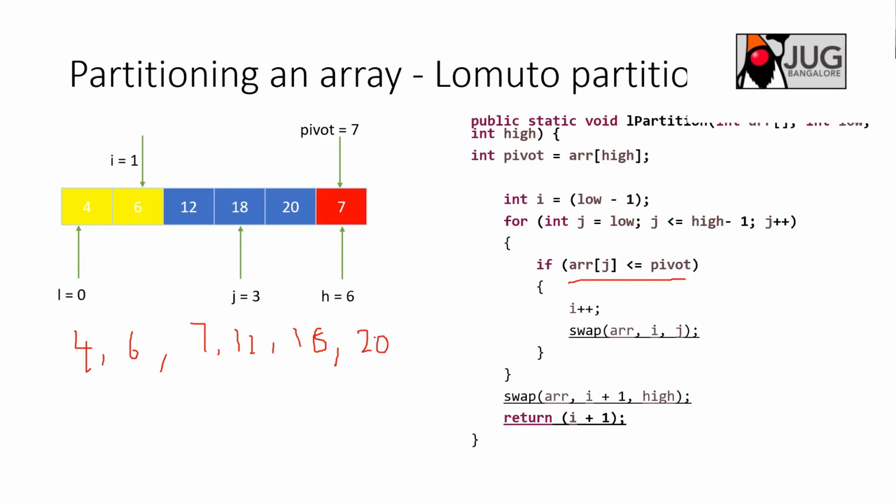If you see this, it is still in the natural order. 7 got its right place, 4 and 6 are in the same place where they appeared in the original array, and 12 is in the same order, like 12, 18, 20. 12 is coming before 18 and 18 before 20. But if you apply Lomuto partition, 12 goes and sits at the last.